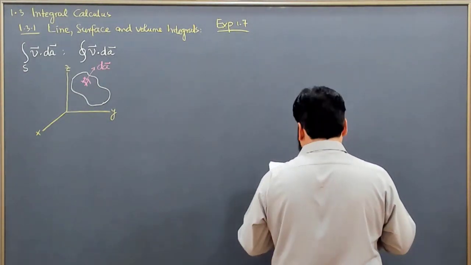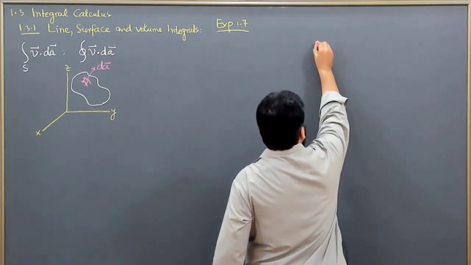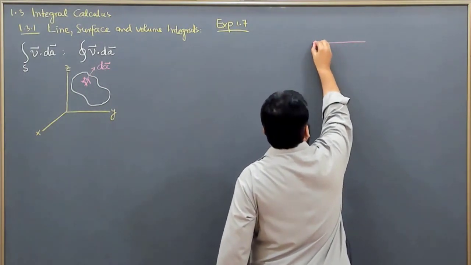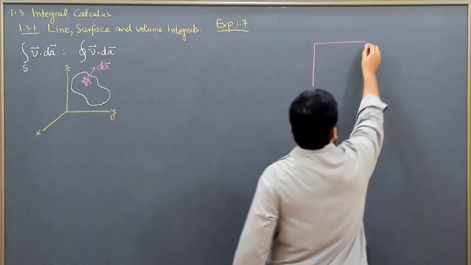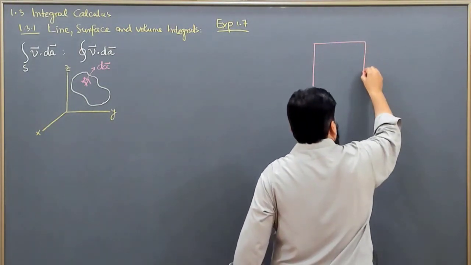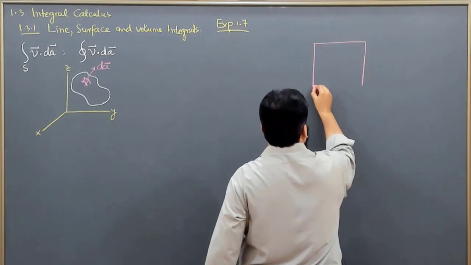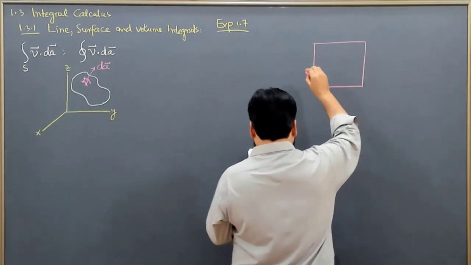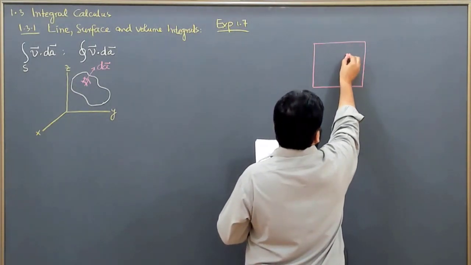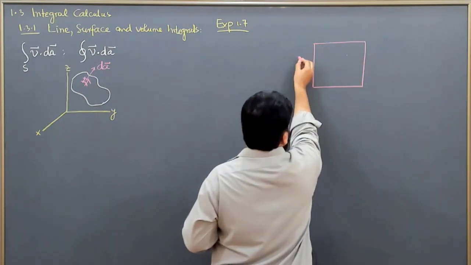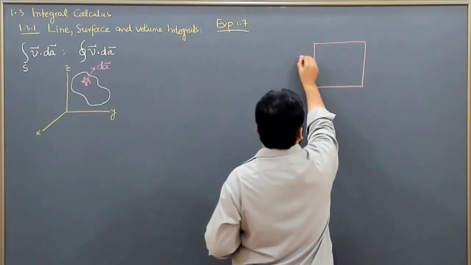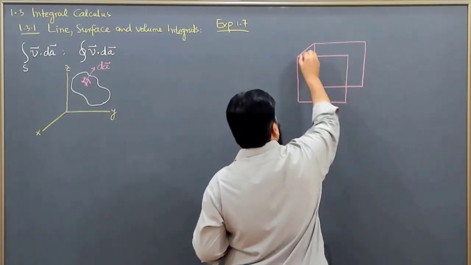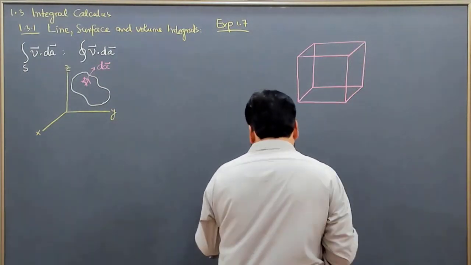So let's first draw the figure, and this is something like this, that we are having a cube here. The sides are to be equal, and this is our cube.